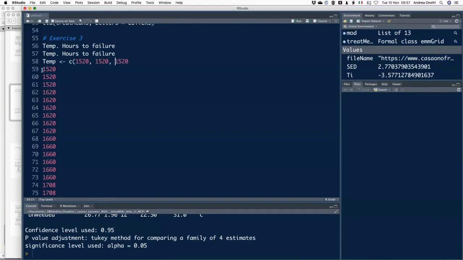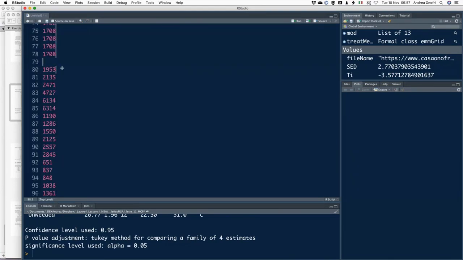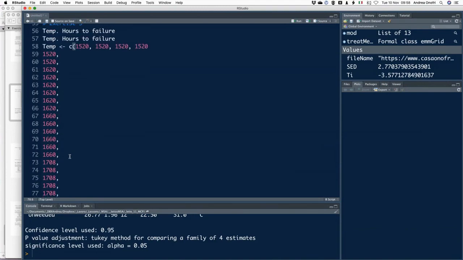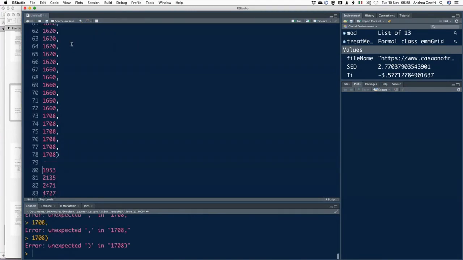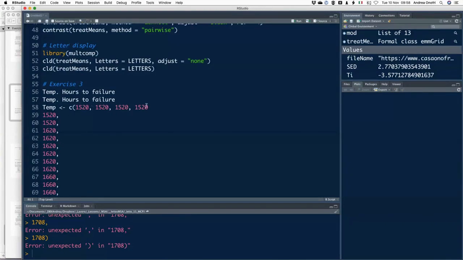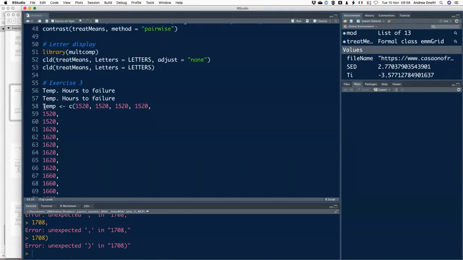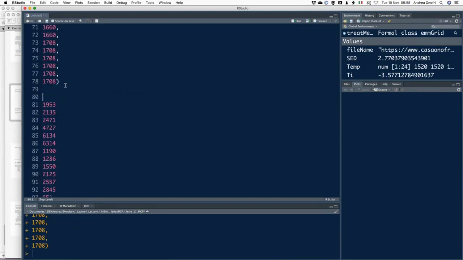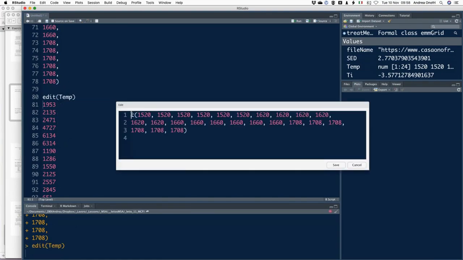Putting commas here. Commas. And closing here. Now I'm taking this, sorry, I made a mistake because I forgot one comma here. Taking this, and then I'm passing this, edit temp. Here we go.